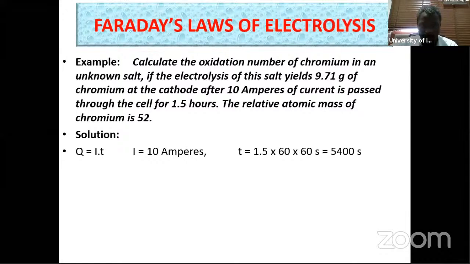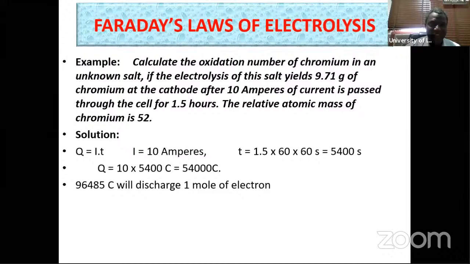So your I is 10, your T is 1.5 hours. That is 1.5 times 60 times 60, and that is 5,400. So when you multiply that by 10, your Q now will be 54,000.